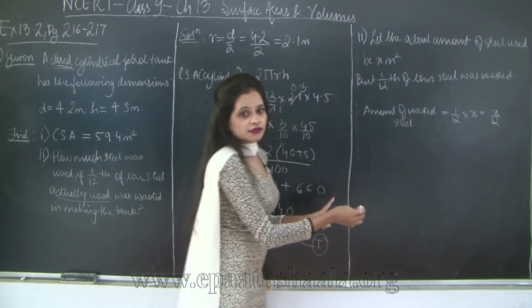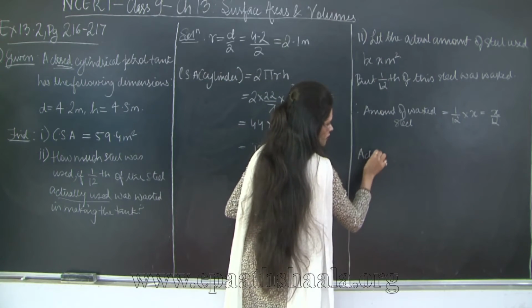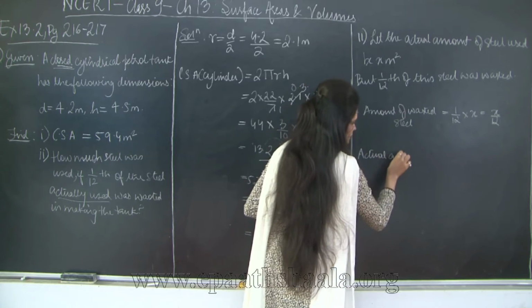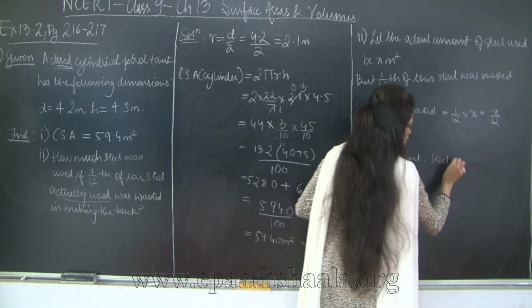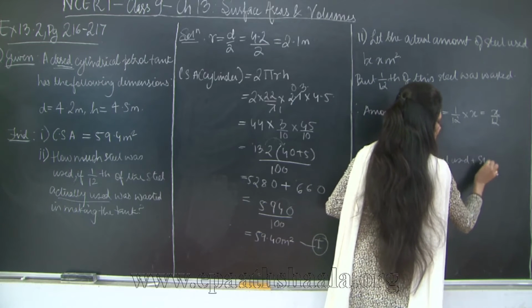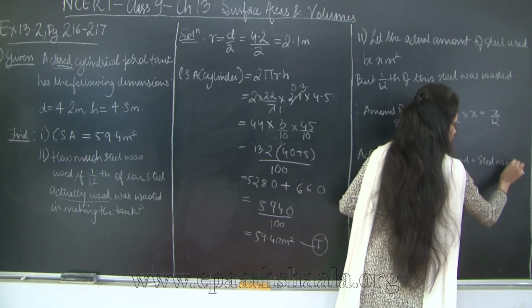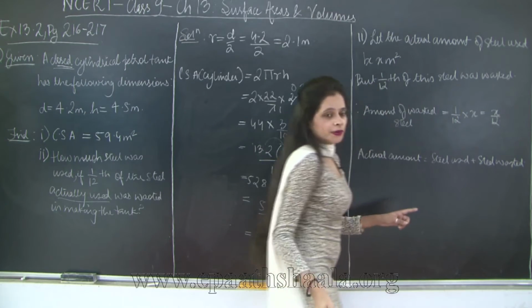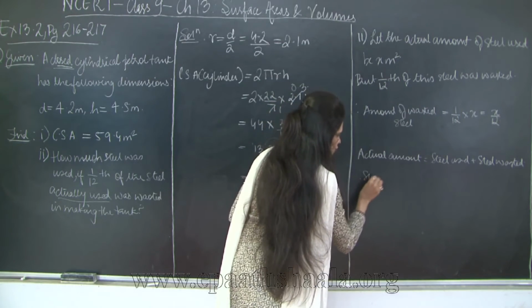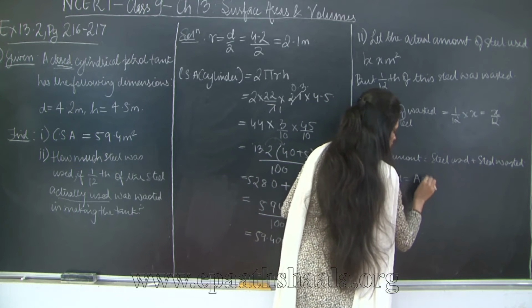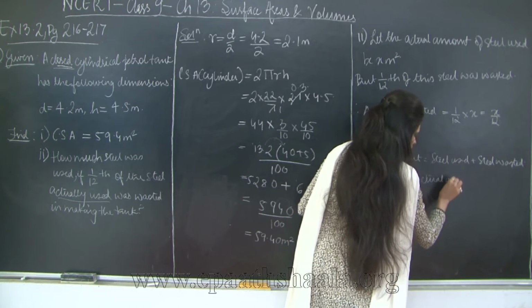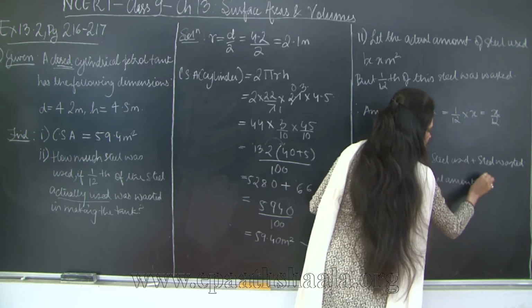See, the actual amount is made up of steel used plus steel wasted, right? Therefore, steel used is equal to actual amount minus steel wasted.